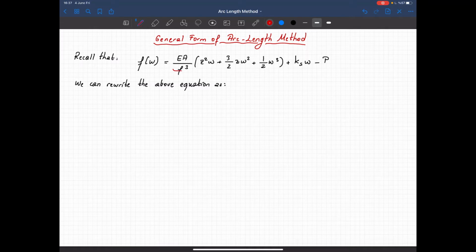Remember that this part of the equation is equal to normal force times Z plus W over L. So the residual force is equal to the internal force of the truss multiplied by Z plus W over L, plus KSW will give us the force in the spring, minus P. So basically this is our residual force.